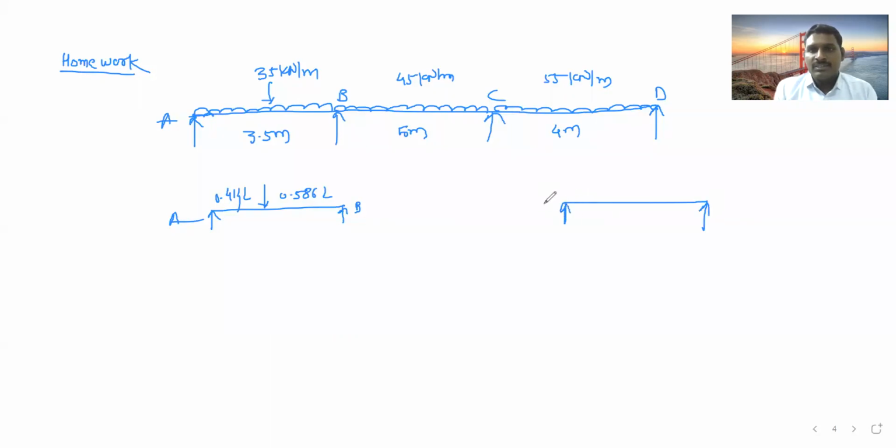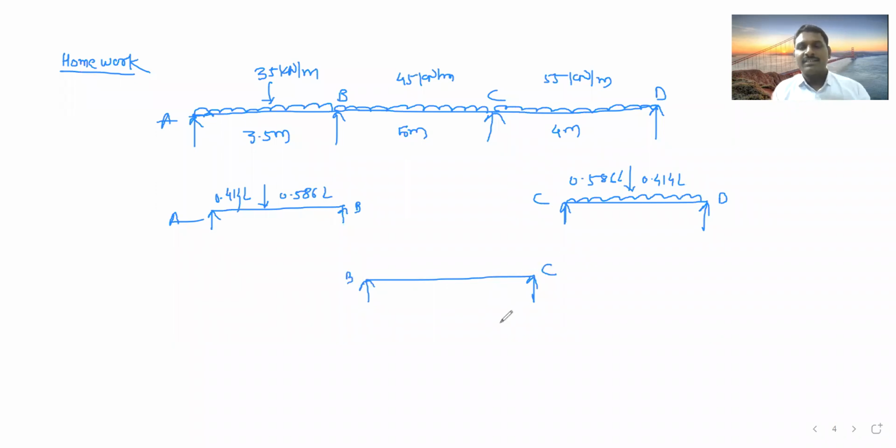Again, now this is CD. For CD, from the end support, D is the end support, 0.414 L, and here 0.586 L. Okay, now the remaining span is BC.